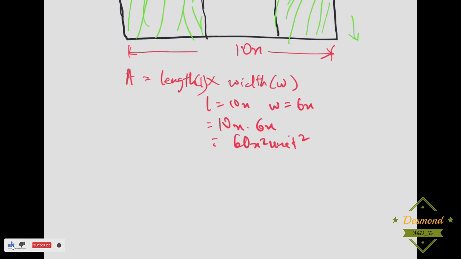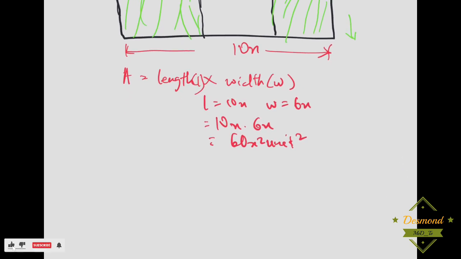Now the area of the portion that does not require grass seed needs to be subtracted from the area of the entire region, right? The two square regions each have an area of s squared, because those portions are squares, right?